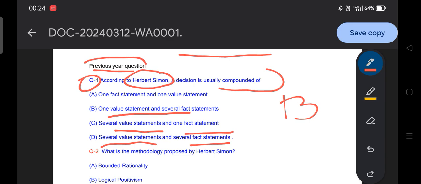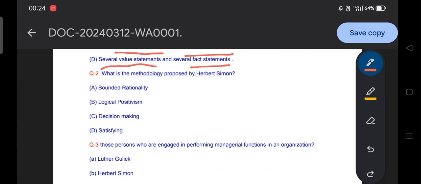So Herbert Simon believed there will be one value. A thinker has a value, that is one value and several facts. For example, different events have different facts. So facts can be many, but value should be one. Herbert Simon's decision making theory is based on the rational approach. So the value is one but there are several facts. Hope you understand. Next question.